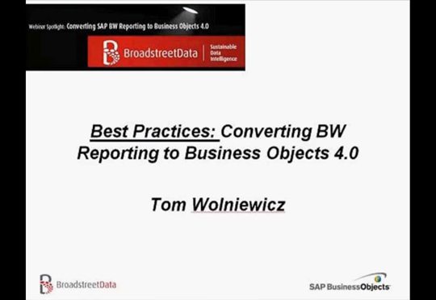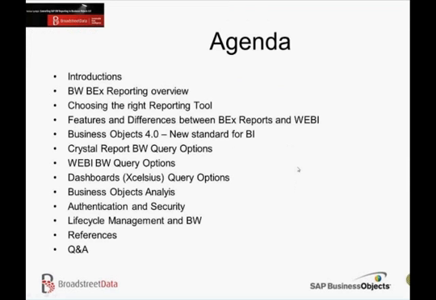This afternoon, we'll be talking about the conversion of BW reporting, the front end of BW reports, into the BusinessObjects 4.0 framework. So we'll take a look at how we can integrate with the BW backend using the various BusinessObjects tools, and how we can ease the conversion process from BW BEX reporting to BusinessObjects.